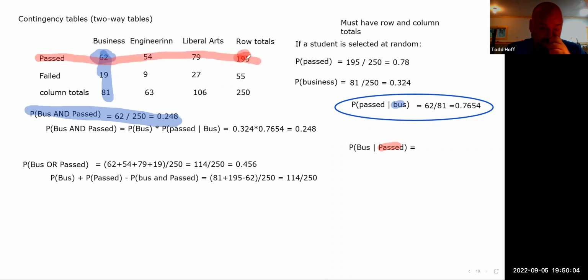It's out of these 195 students. And of those 195, 62 of them were business students. So it's still the same 62 students, but it's out of the 195 that passed now, not just out of the 81 business. So 62 out of 195 is 0.3179.